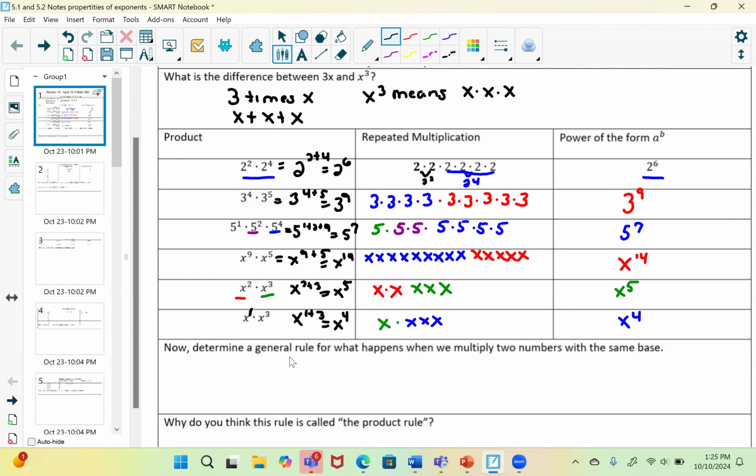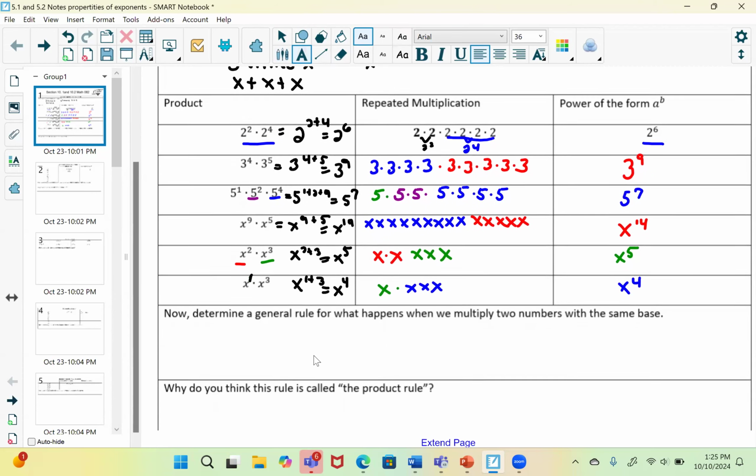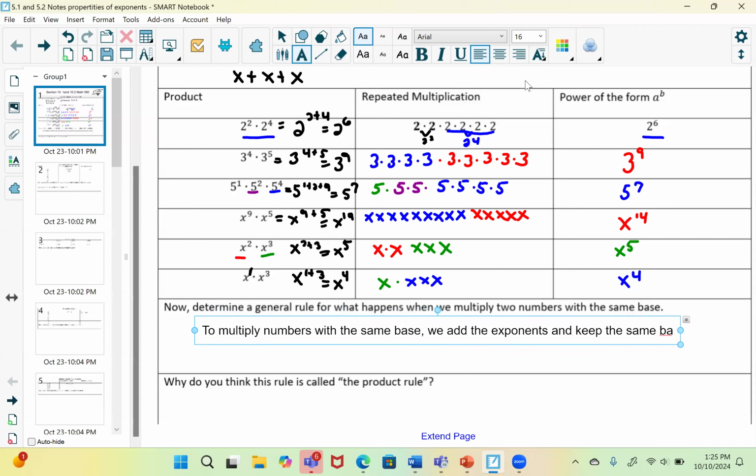So we want to come up with a general rule when we multiply two numbers with the same base. Anytime we multiply two numbers with the same base, we add the exponents and keep the same base.